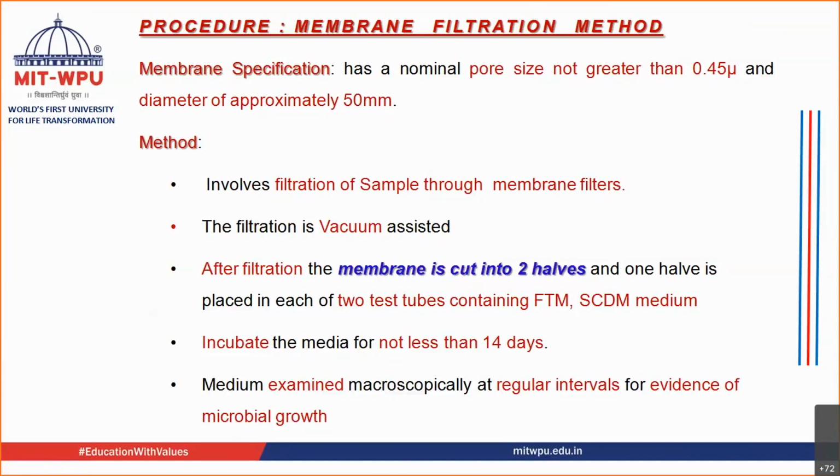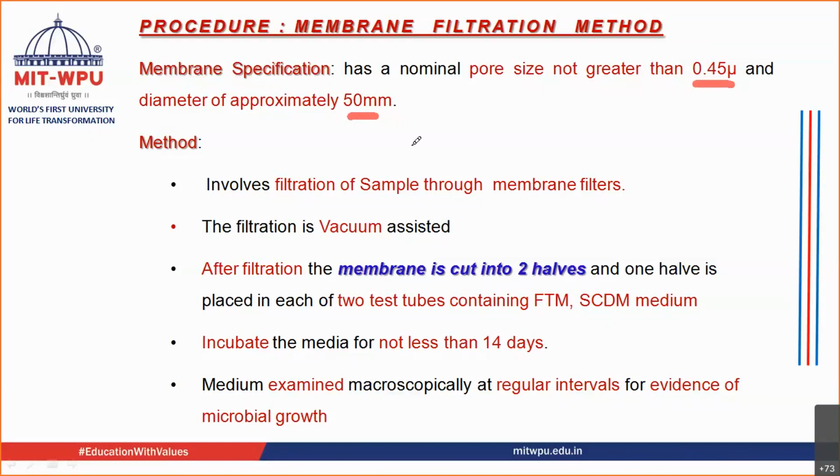In this, you take a membrane having a pore size of not greater than 0.45 micron and a diameter of approximately 50 mm. You are going to take your sample. The number of samples has already been mentioned to you, and the quantity we are going to see after two slides.